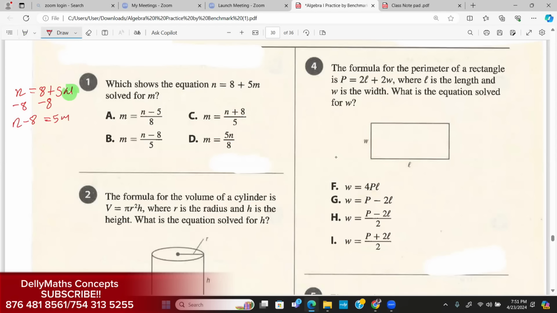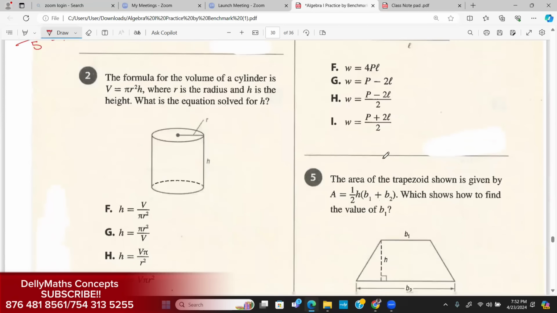Definitely when I look at my responses, I could say that this is the answer already because this is the only one that says n minus 8. It is already done. So I could pick it, but I'm just going to show you that it's really it. If you divide everything by 5, now the m is alone. So n minus 8 over 5 is equal to m. And you can see that the moment you see something unique in your answer, when you pick it, you could run with the answers for the sake of time and everything.